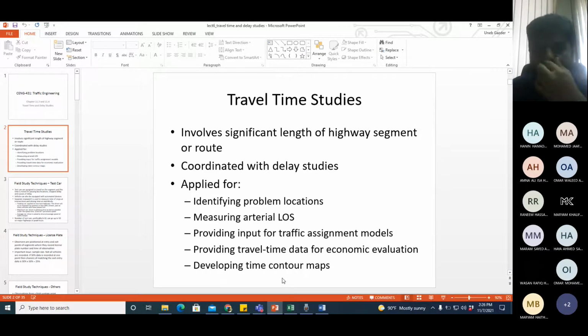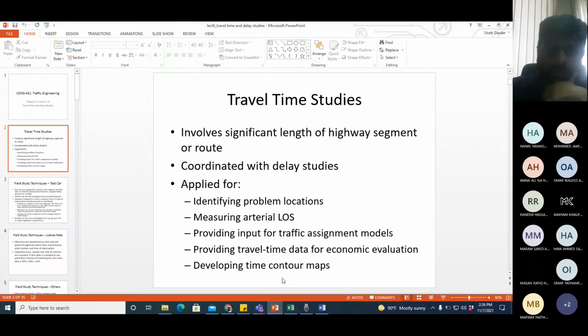If you are using the distance over time approach to find the spot speed, then the distance would be very short, only a few hundreds of feet. But in a pure travel time study, the distance is much longer, at least one complete segment, which can be in kilometers.